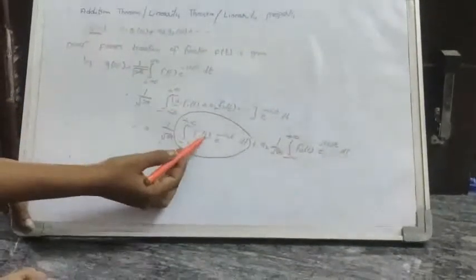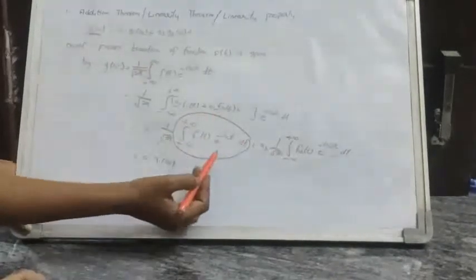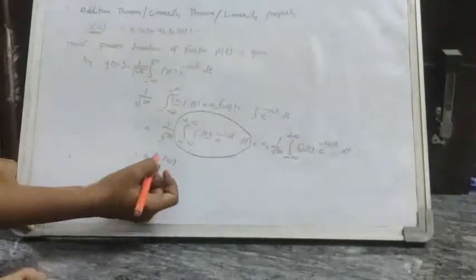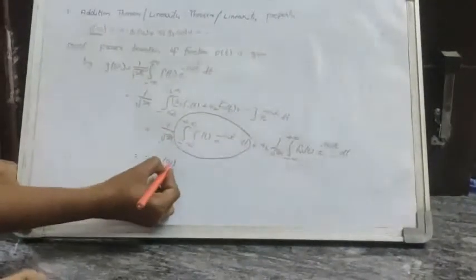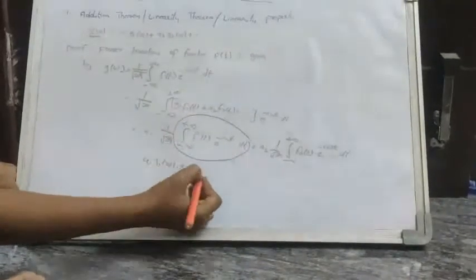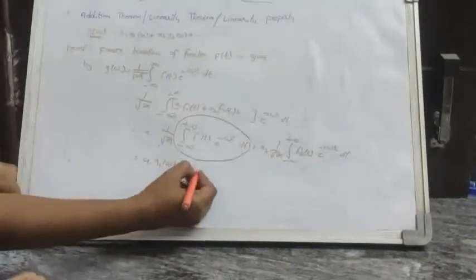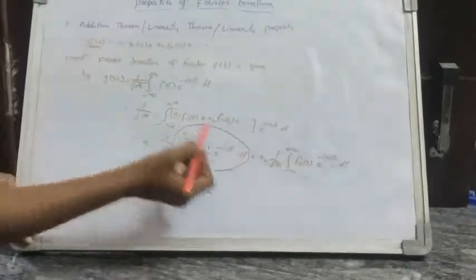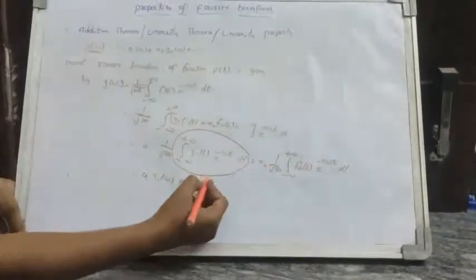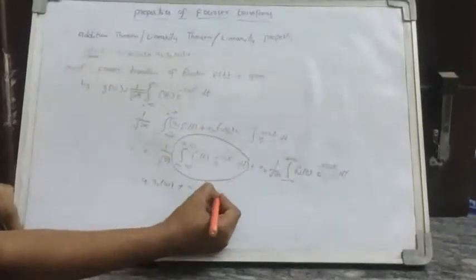Here f1 of t is defined with respect to g1 of omega. So in place of this equation I write g1 of omega, plus similarly a2 times the same thing; by considering g of omega, this whole term can be written as g2 of omega.